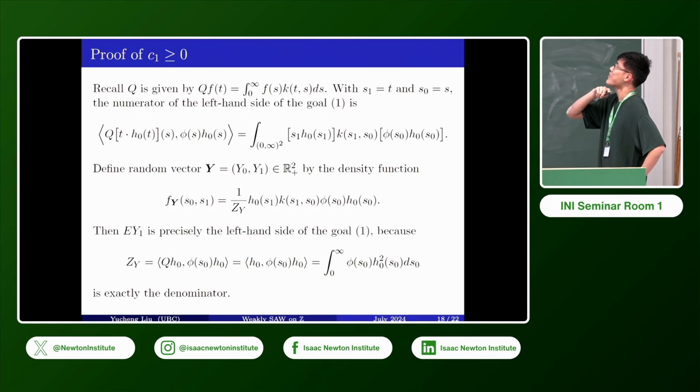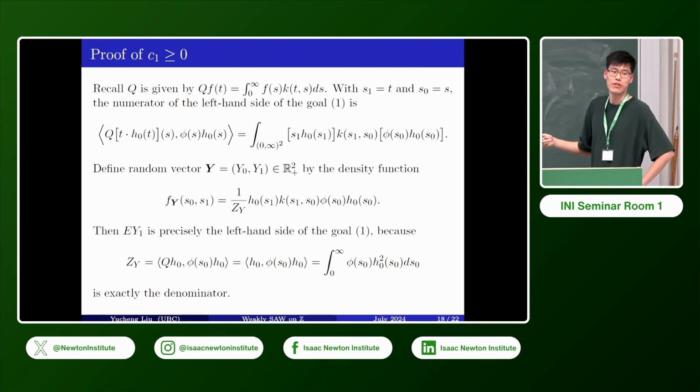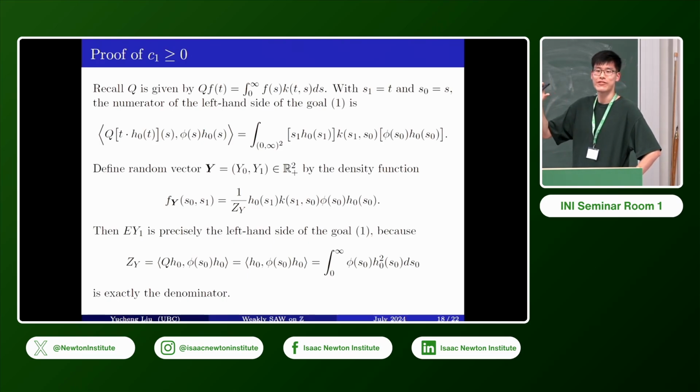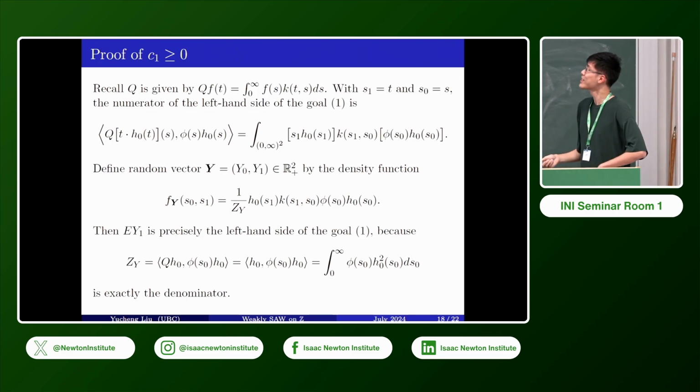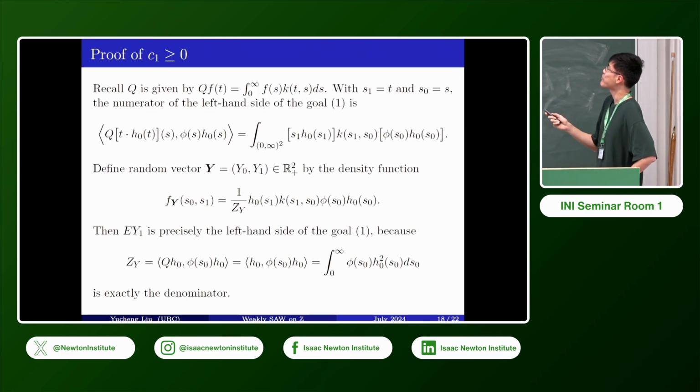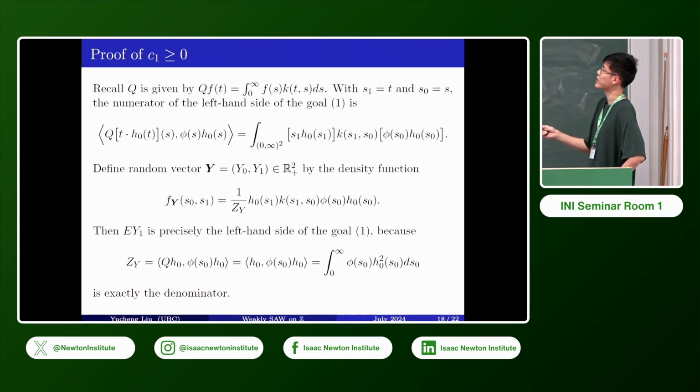I should show the C1 slide because this is really some place that actually uses the continuous time nature of the model. I'm just gonna do this random vector instead of a one-dimensional thing. I have a two-dimensional thing, 2 components, but I already played the same game. For the left-hand side of my goal, or the numerator here, I will define my random vector y of 2 components to be this.